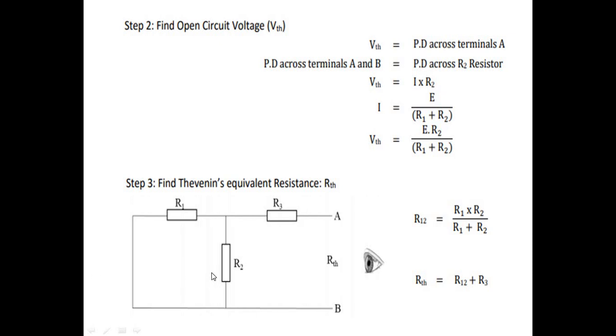In this diagram, R1 and R2 are in parallel. The parallel formula is R1 into R2 divided by R1 plus R2, and R3 is in series combination. Here R Thevenin is equal to R12 plus R3.